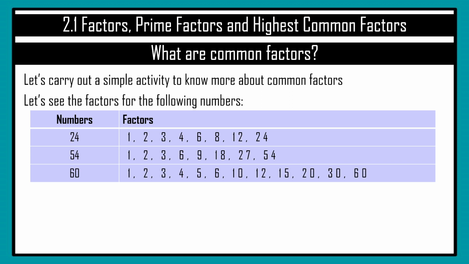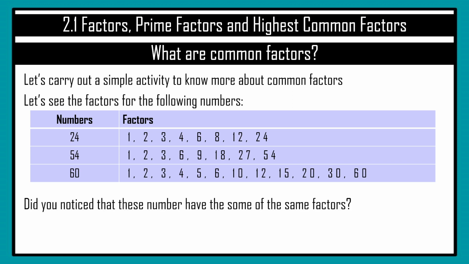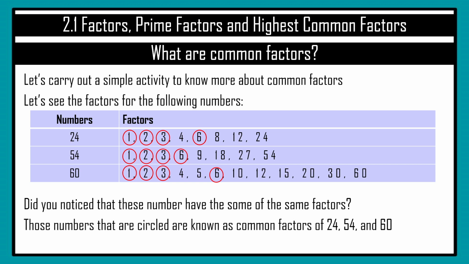Now if you notice, there are repeating numbers, the same numbers throughout all those lists. I'm going to circle them now. The numbers that I circled are what we know as common factors of 24, 54 and 60.